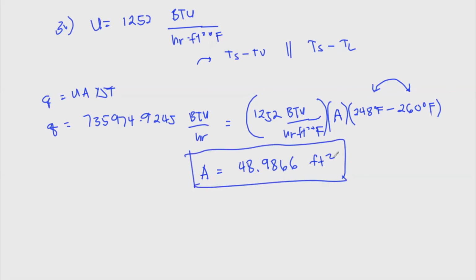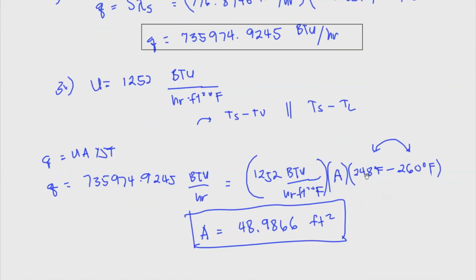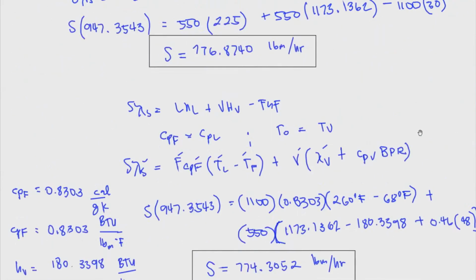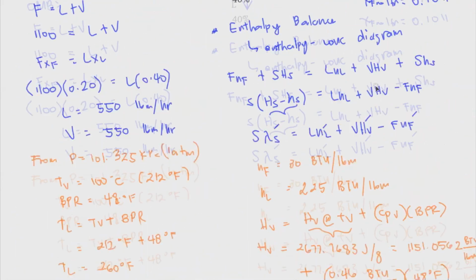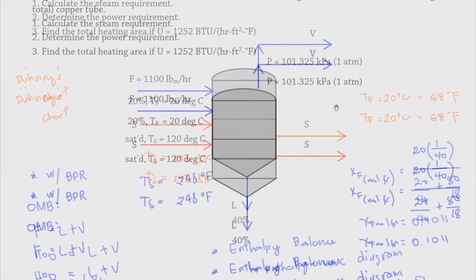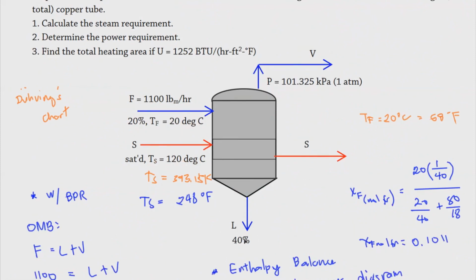Okay, so now again, I would also like to tell you that this should be interchanged because in general, we should be using Ts minus Tv or Ts minus TL. But in a case like this, the liquor temperature became higher than our steam temperature because it really had a huge boiling point elevation because of this 40%.